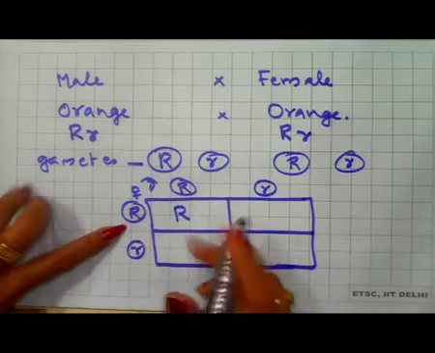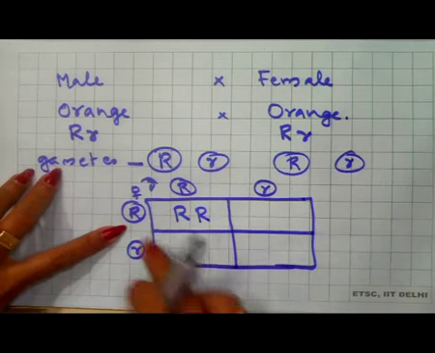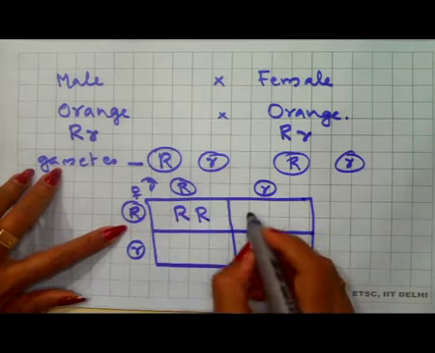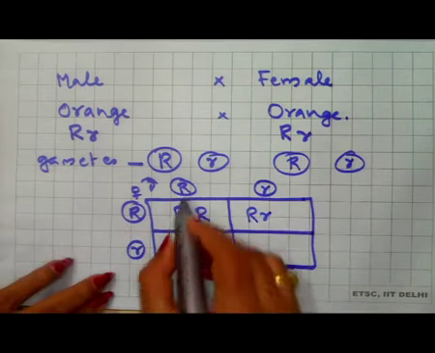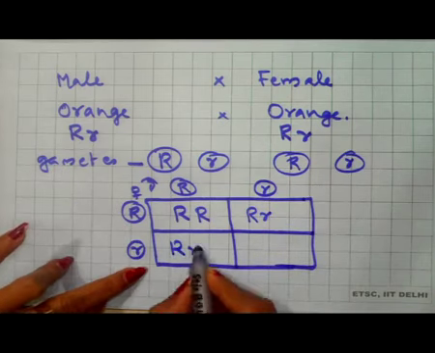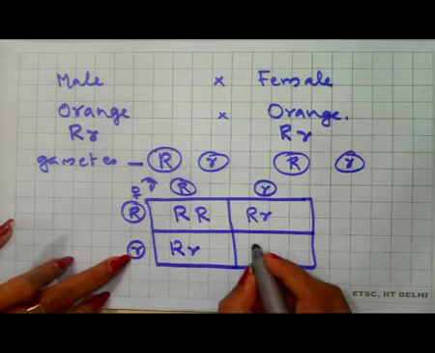Capital R and capital R together, capital R and small r, here it is capital R, small r, this one is small r, small r.